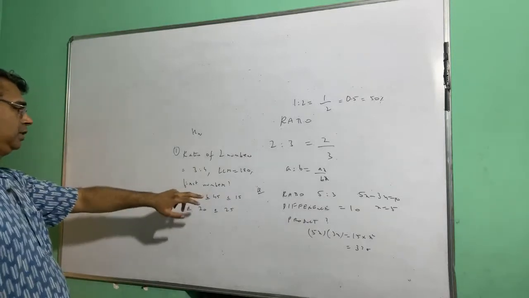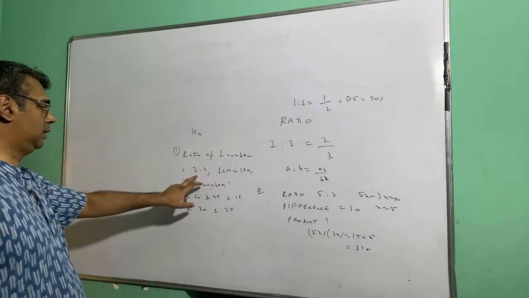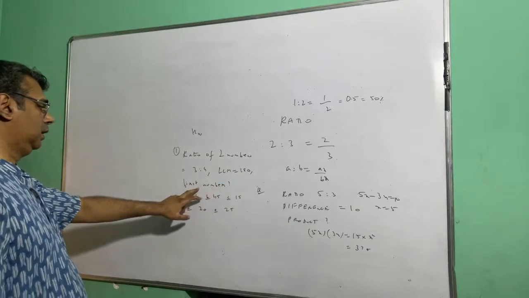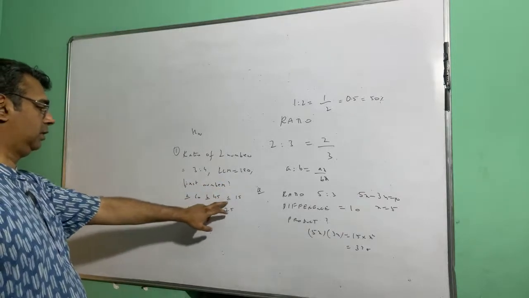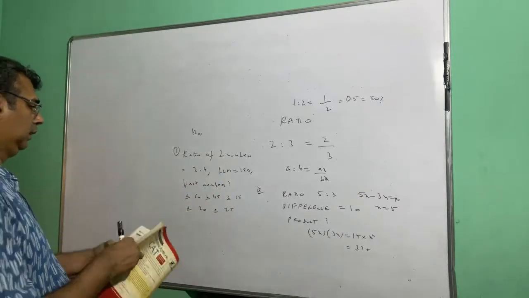What is the first number? Options are 60, 45, 15, 20, 25.